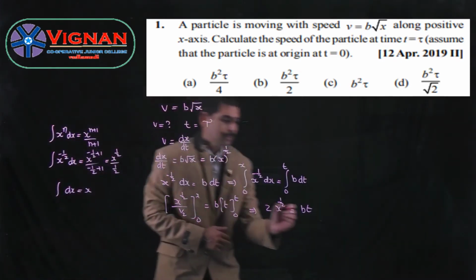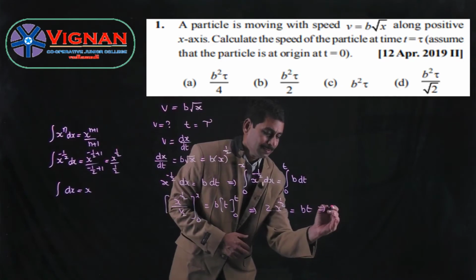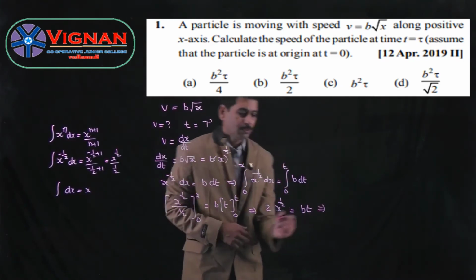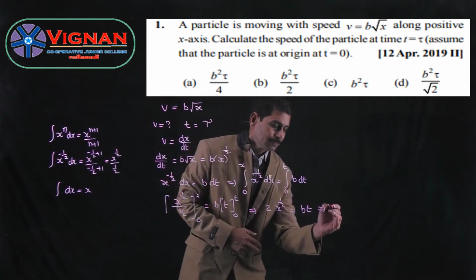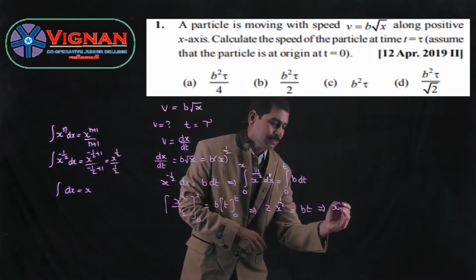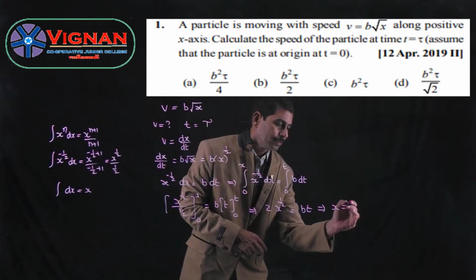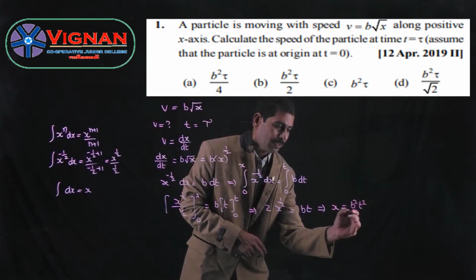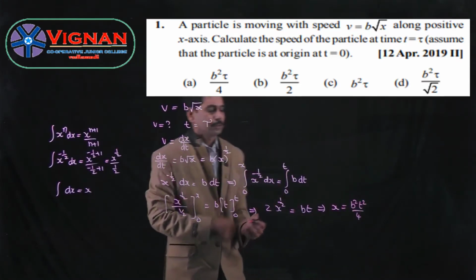From this, by squaring on both sides we get x power 1 by 2 power 2, so that gets cancelled. So x is equal to b square t square divided by 4. This is the value of x.